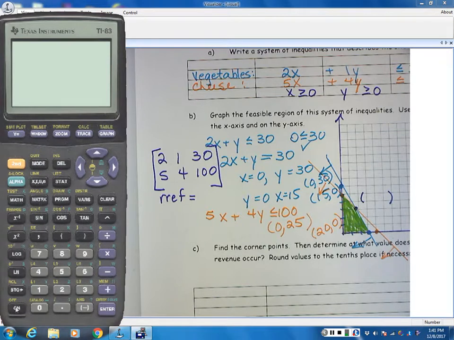So we'll go to the matrix function and edit matrix A, which is a 2 by 3: 2, 1, 30, and 5, 4, 100.